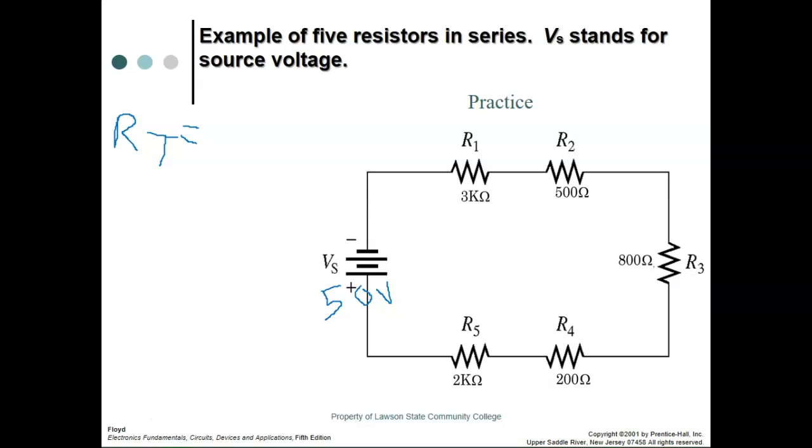Let me tell you the quickest way you can find the answer for this. So 6.5K. Now the whole reason you can find it even quicker is you have a 3K and a 2K, that's 5K. 200 plus 800 would be another K, so that's 6.